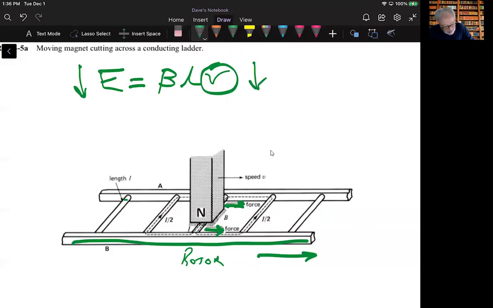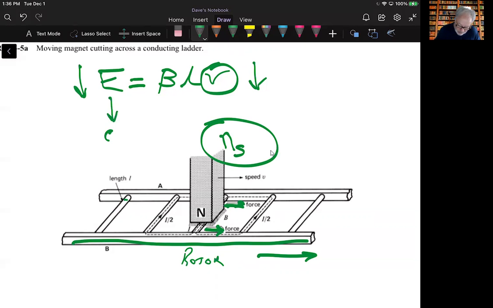If it did get to the synchronous speed of the magnetic field, the bars wouldn't be cut anymore. You have to have that action of the flux cutting the bars. If that no longer occurs, this goes to 0, and all bets are off at that point.